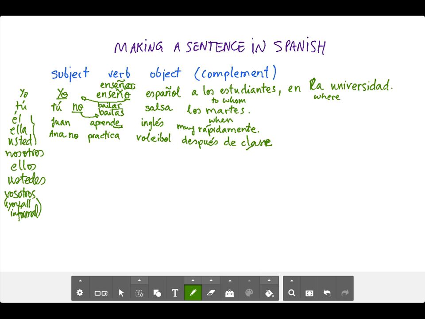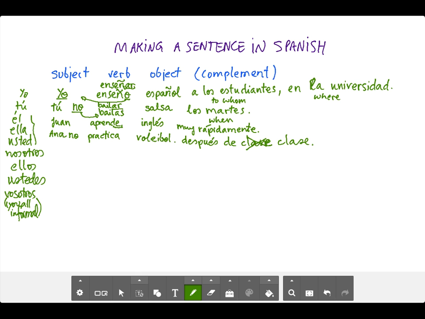One S. So Ana doesn't practice volleyball after class. So you could stop it at Ana no practica voleibol. If we already know that we're talking about volleyball and we want to skip, or we just want to say that Ana doesn't practice something, you can finish at Ana no practica. No? Or Ana no practica voleibol, doesn't practice volleyball.